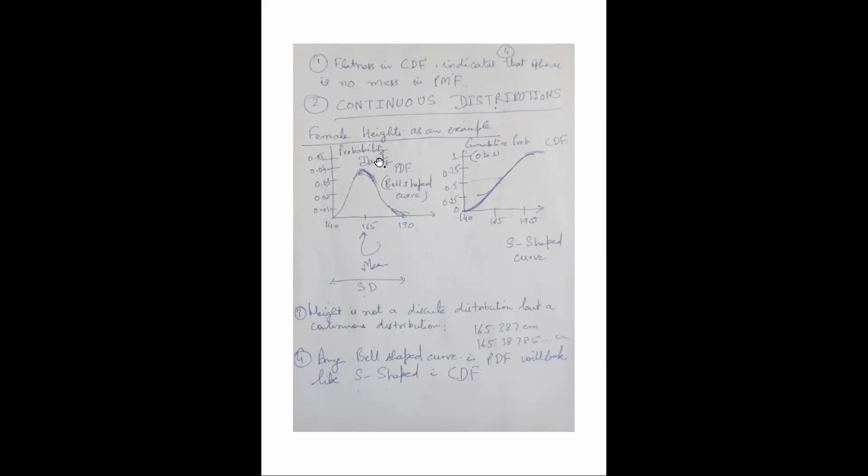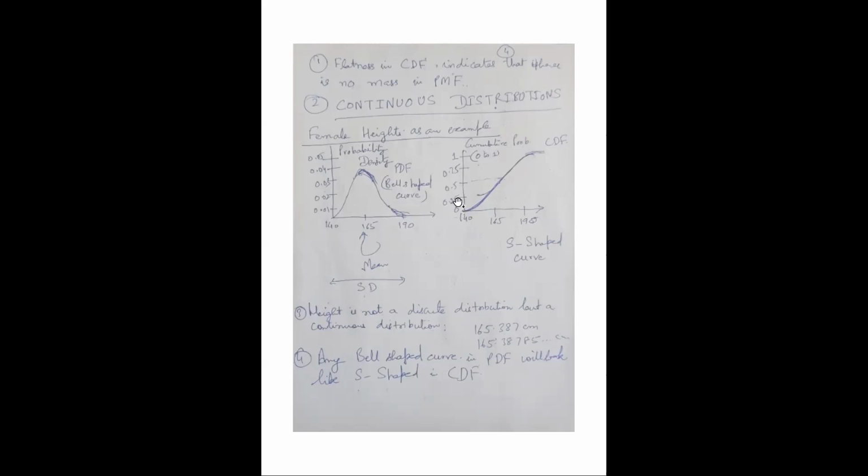Please remember, a very important point: whenever in the probability density function there is a bell-shaped curve, you will always find an S-shaped graph in the cumulative distribution function. In the CDF, you will get an S-shaped graph when there is a bell-shaped curve in the probability density function.